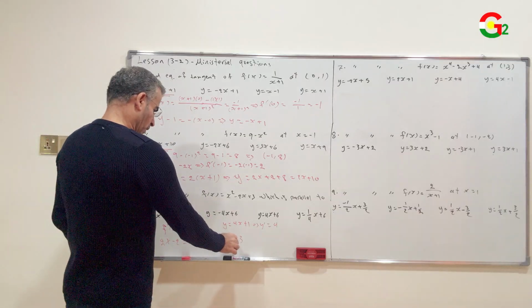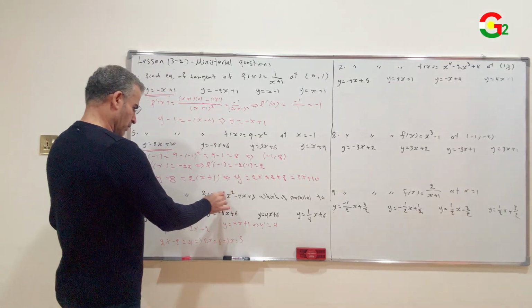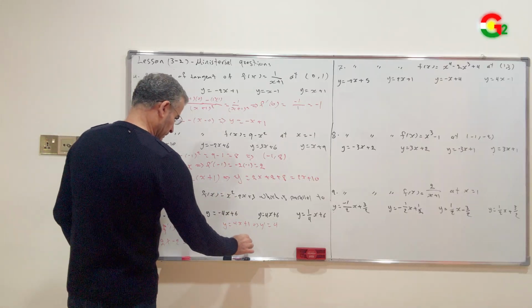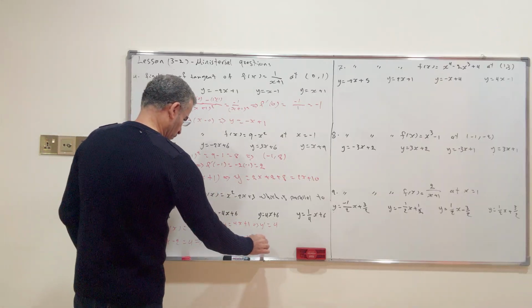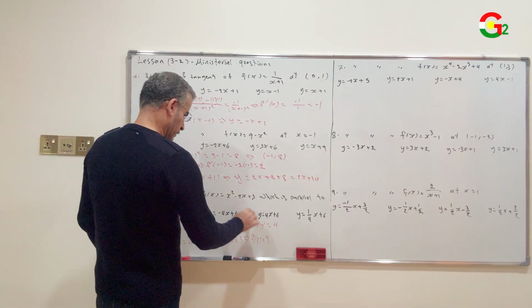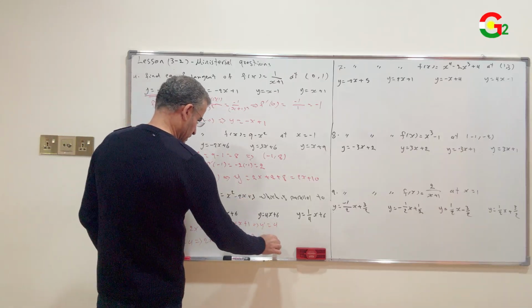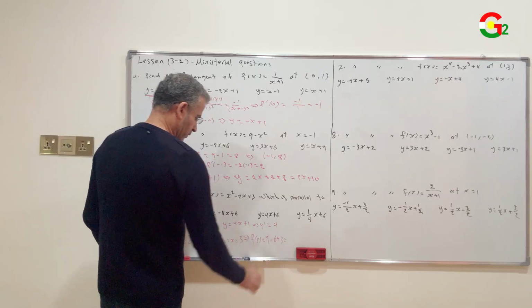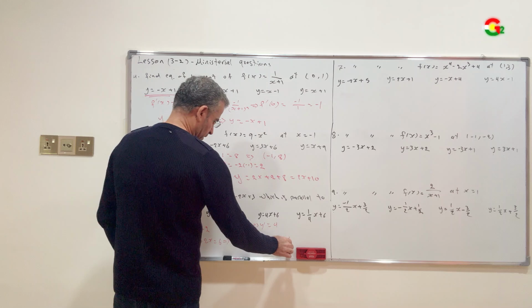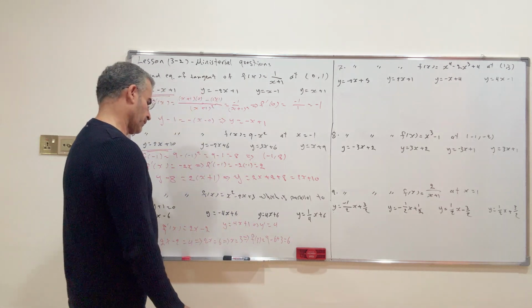To find the y coordinate, substitute 3 in this function. f(3) equals 3 squared, 9, minus 2 times 3, 6, plus 3, equal to 9 minus 6, 3, plus 3, 6.